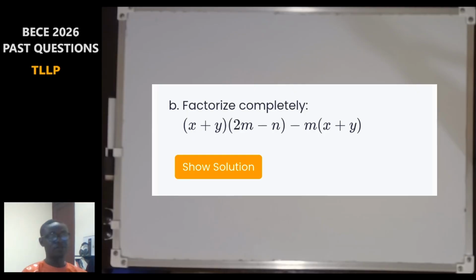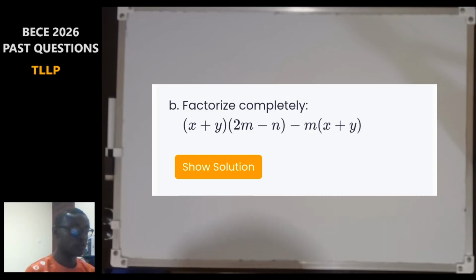The question says that factorize completely (x + y) multiplied by, in a bracket, (2m - n), minus m multiplied by, in a bracket, (x + y). So we need to always build the habit of writing out our data before starting out the question.